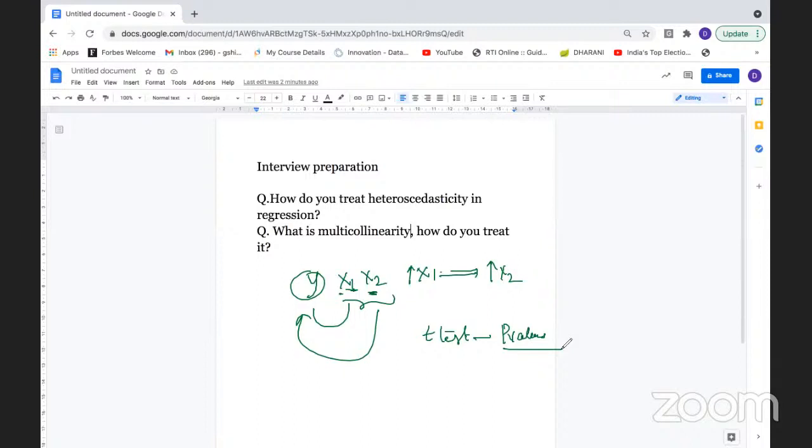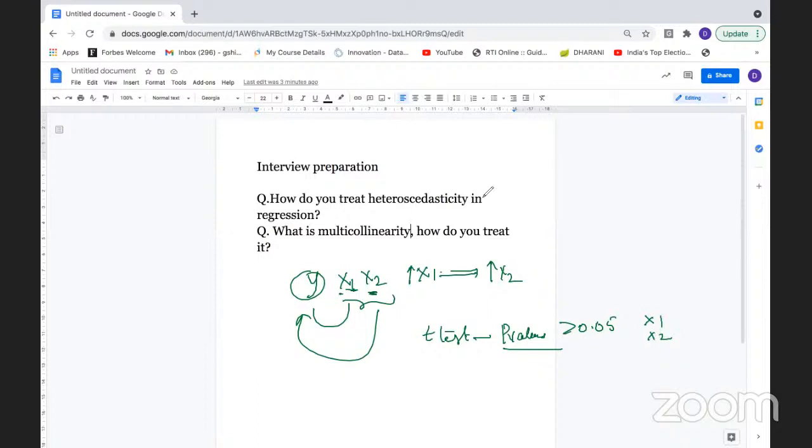The p value can be high; we all know that if it is greater than 0.05, whether it is x1 or x2, the variable is not important for us. But even though that variable is important, that is how you check whether your model did not satisfy the assumption of no multicollinearity. There's some problem with the independent variables.